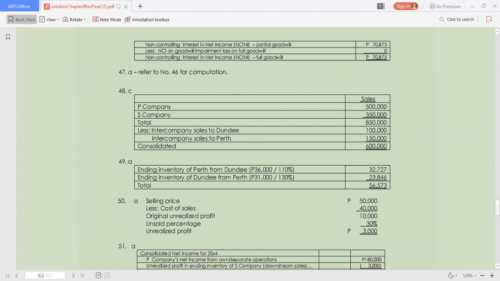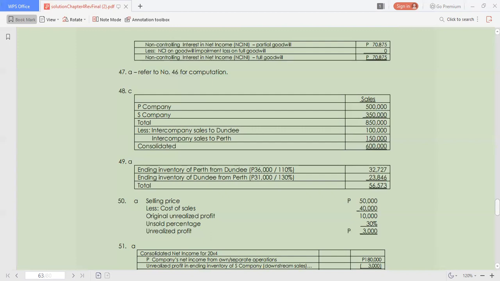Eagle Company owns 80% of Flyway Incorporated's common stock that was purchased at its underlying book value. The two companies report the following information for 20x4 and 20x5. So we have now the parent is Eagle and Flyway is the subsidiary. We have the 20x4 selected data and that of 20x5, including sales revenue, cost of goods sold, other expenses, net income, and dividends paid.